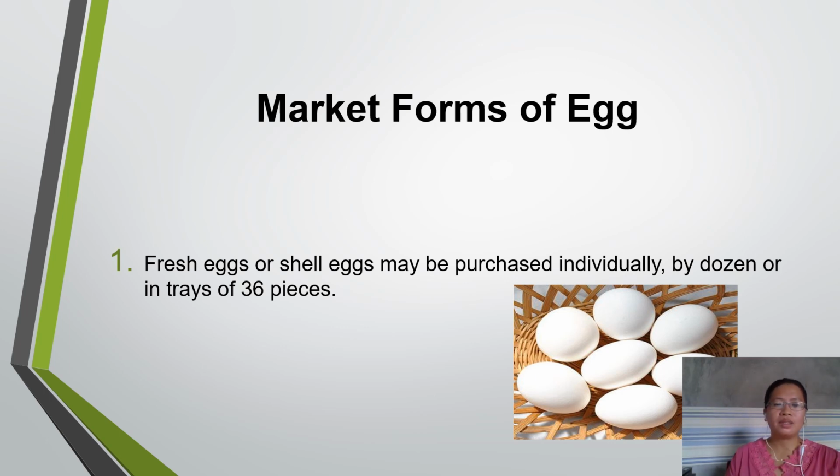Shell eggs may be purchased individually, by dozen, or in trays of 36 pieces. So, ito yung pinaka-common actually. Okay, di ba? Bumibili yung mga parents natin, yung mommies natin, ng mga fresh eggs. As in, yung breakable pa.